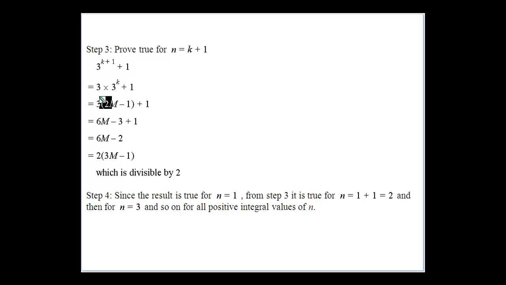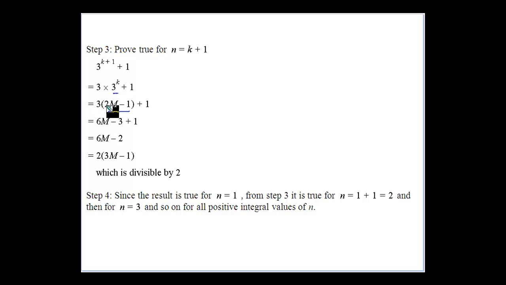So we manipulate it, 3 times 3 to the power of k, so we're playing with our indices here. And now we can put in 3 to the power of k, that we know was equal to 2 times m minus 1. Now m's going to be an integer, so m's a whole number.